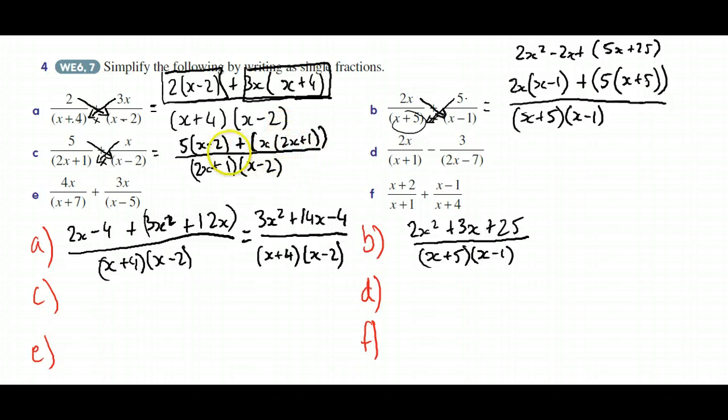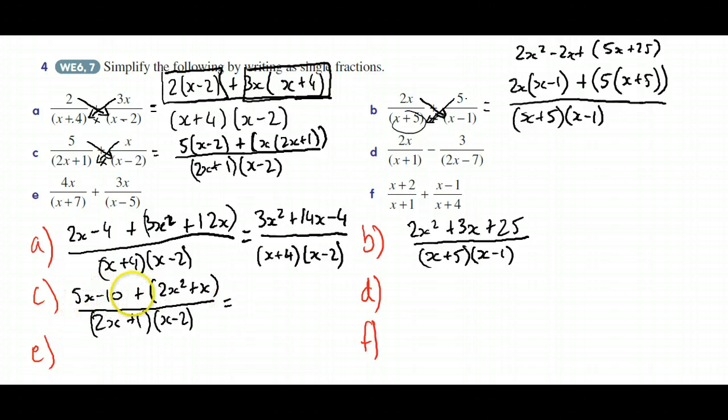So when we expand that out on top, we will get 5x minus 10 plus 2x squared, x times 2x is 2x squared, plus 1 times x is x, that's what's on the top, and on the bottom we'll have 2x plus 1 and x minus 2.